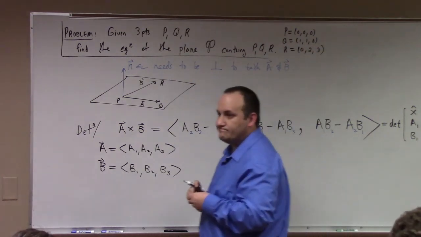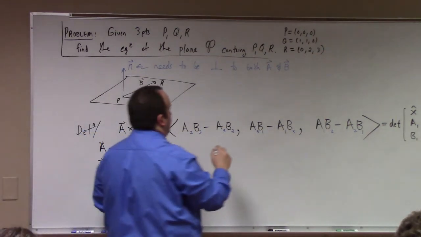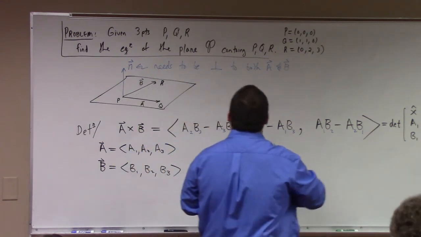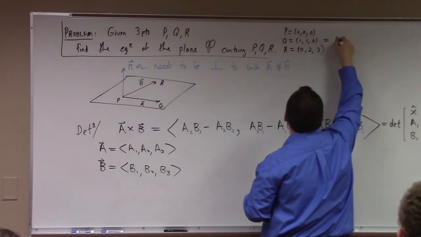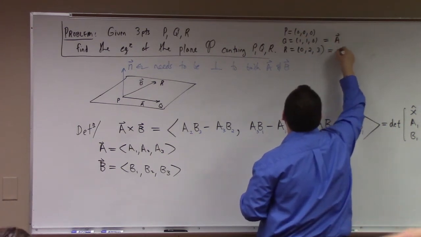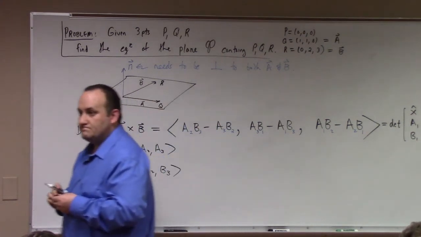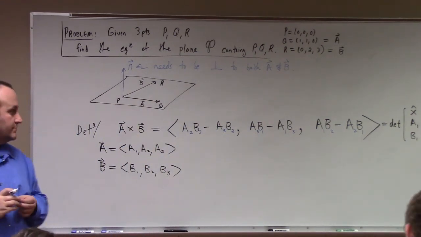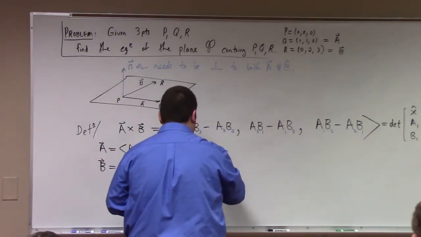Okay? In this funny situation, that makes Q equal to A, doesn't it? And that makes R equal to B because P is the origin. All right, so I want to calculate A cross B for those vectors.